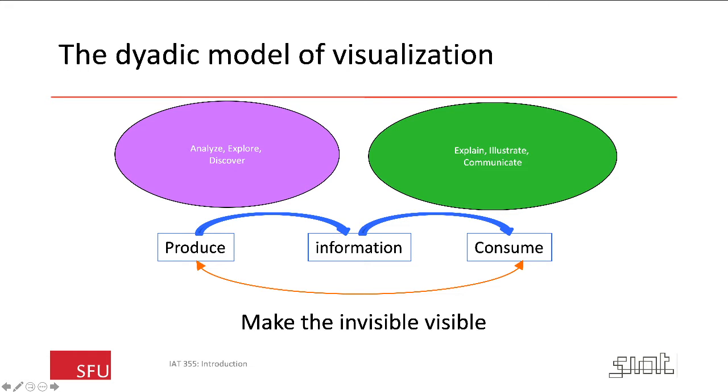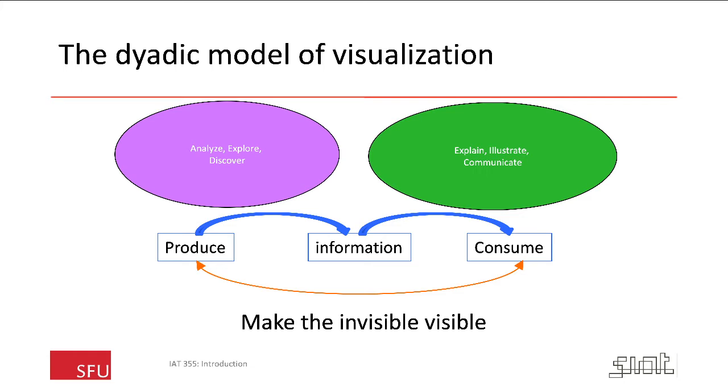And part of the work that goes on there is you work on a tool for the purposes of producing information to be consumed by this process on the right, in some sense, where you use the information to explain, to illustrate, and to communicate. And typically there's this communication back and forth of producing images to be consumed and then consuming those images to think about what new images to produce.